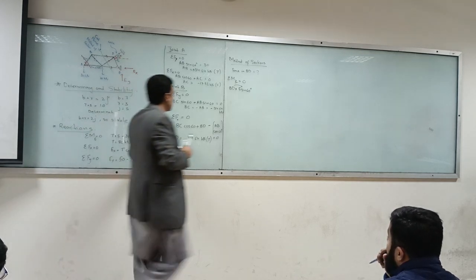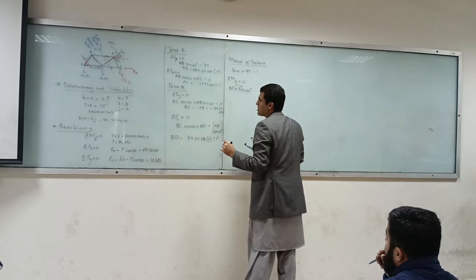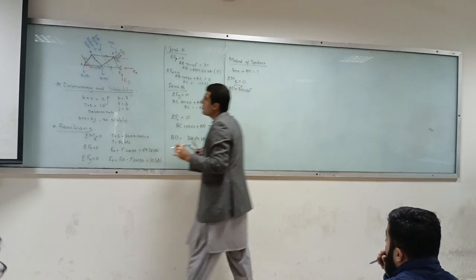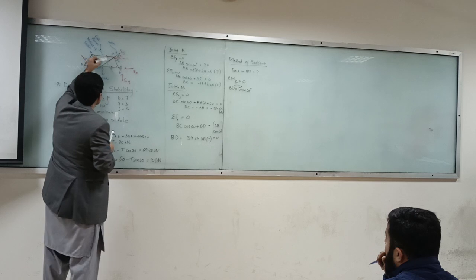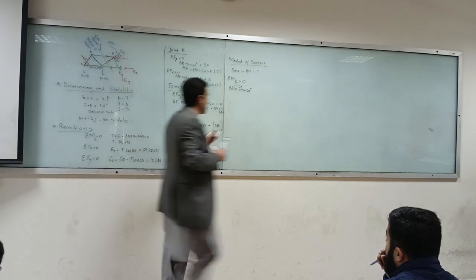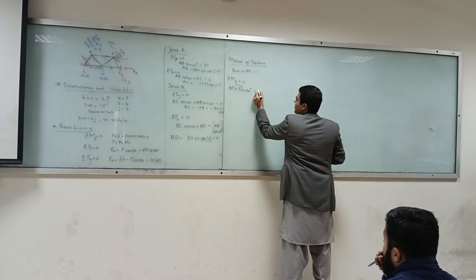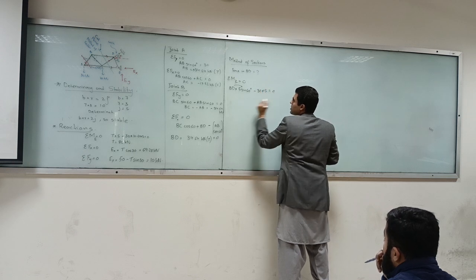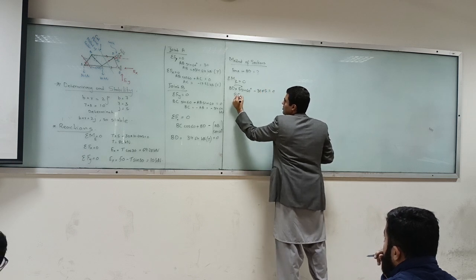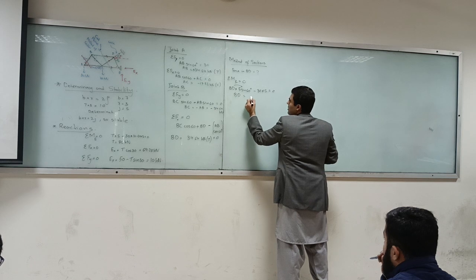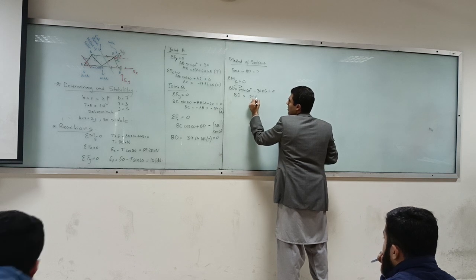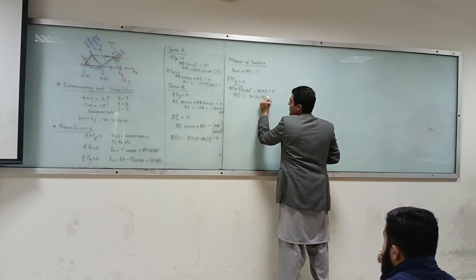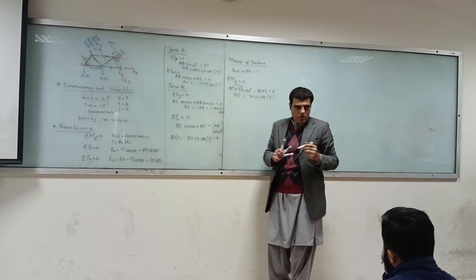So BD into 5 sine 60 minus 30 times 5 must be equal to 0, and BD is equal to some kilonewton in tension. That's how.